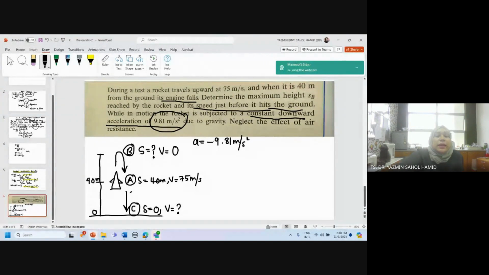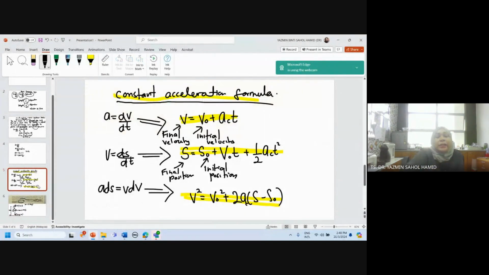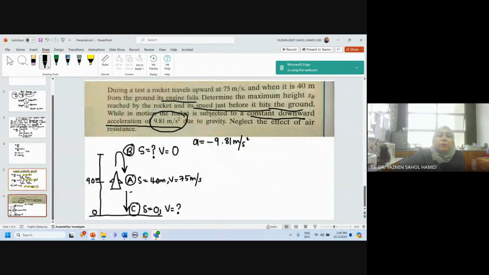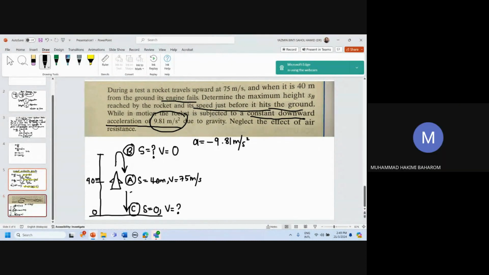Now we need to decide which equation we want to use to solve this problem. Who can give me an idea? First of all, can you tell me which method you want to use for this question? Basic kinematic equation or constant acceleration formula? Constant. Why?